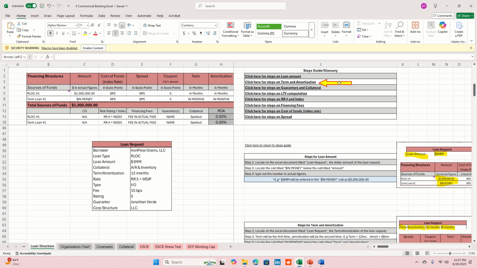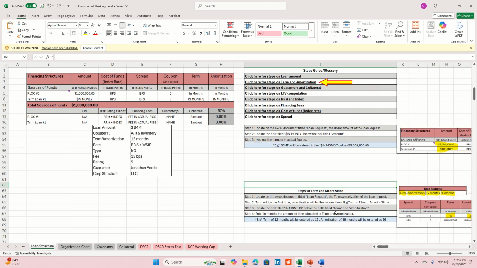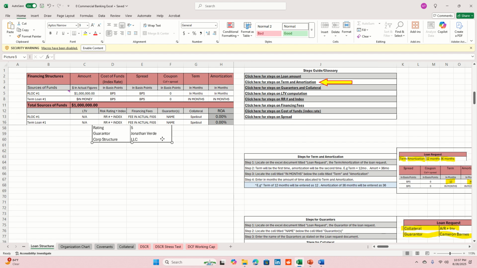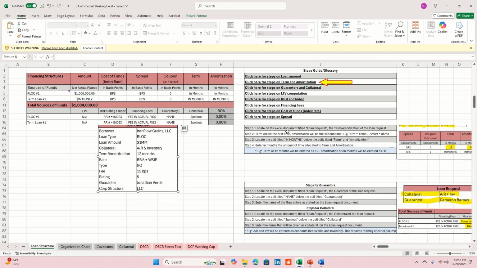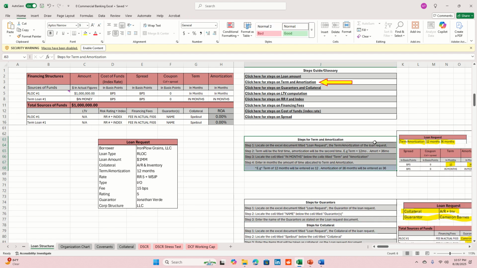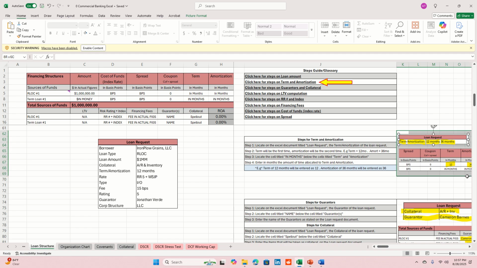So for term and amortization, we're going to click. That's going to bring us down to here, to term and amortization. Remember, these are instructions in case you get lost. You can read it, and there are also pictures to the right. So loan amortization is going to be 12 months.